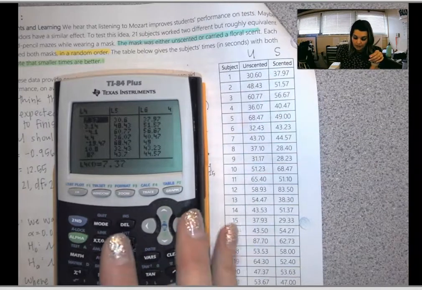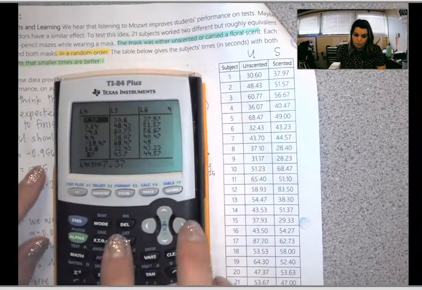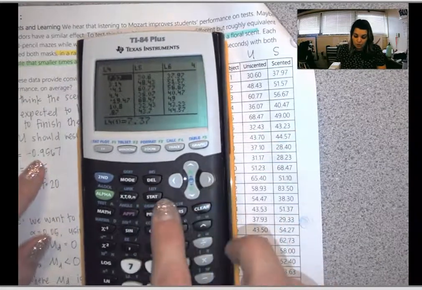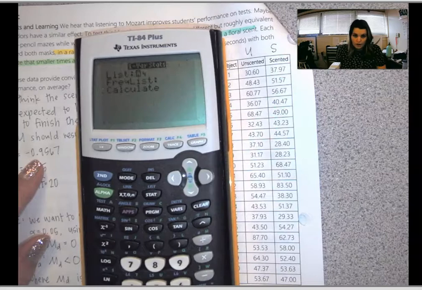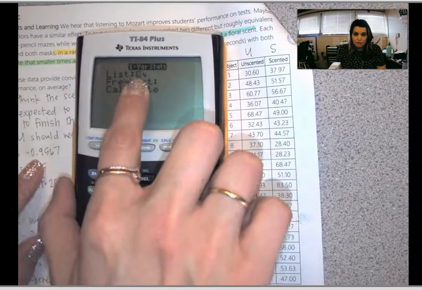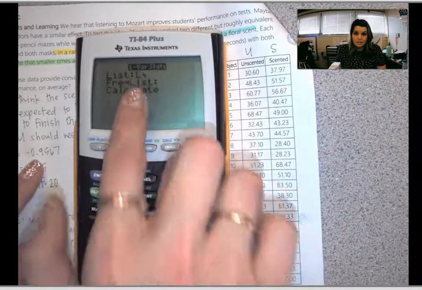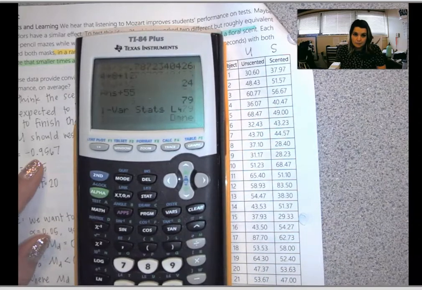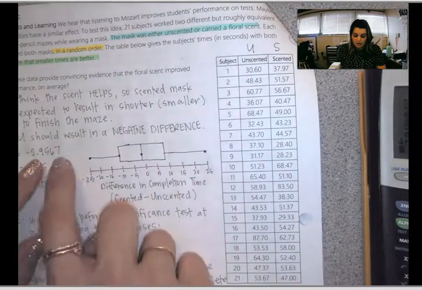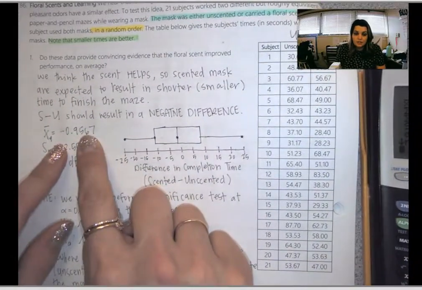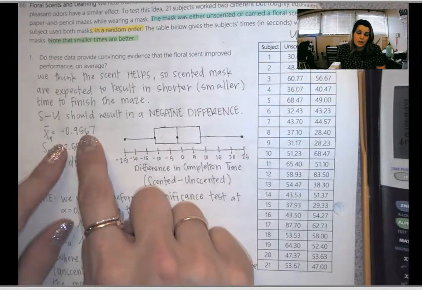So then I calculated or found my one variable stats. So I had to go to stat, calc 1, and then list 4, because that's the list my differences are in. If we did that correctly, then our average difference is 0.95.